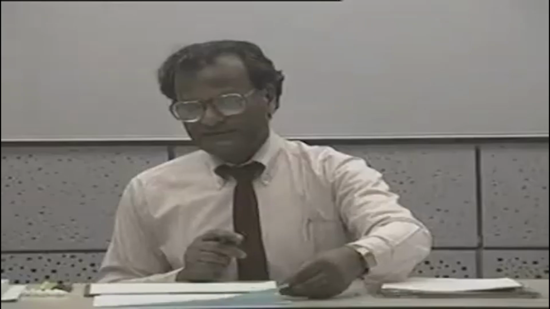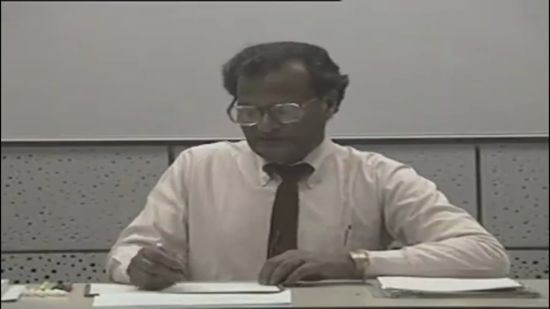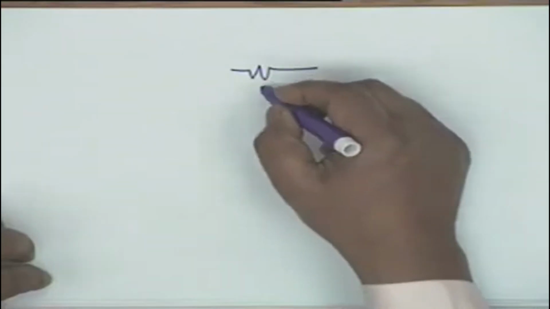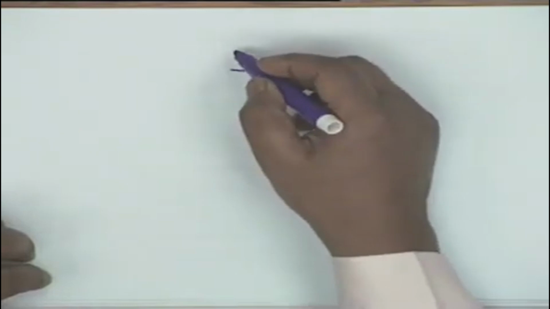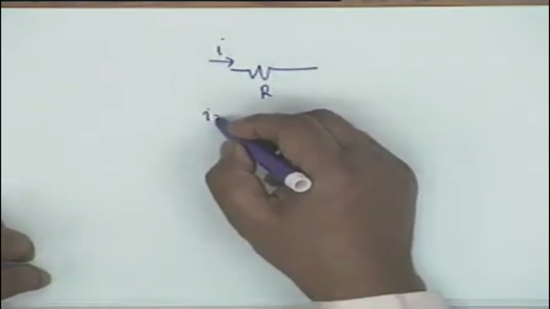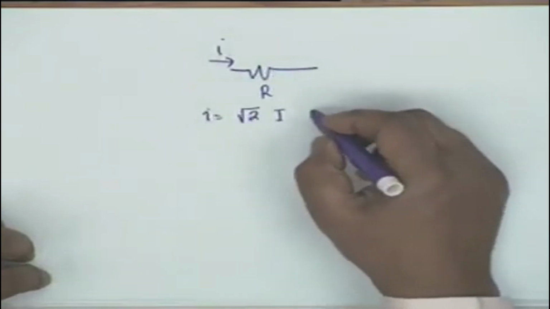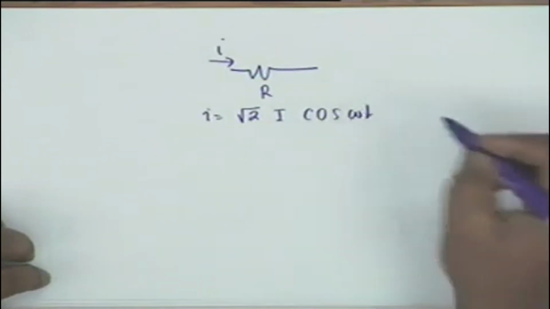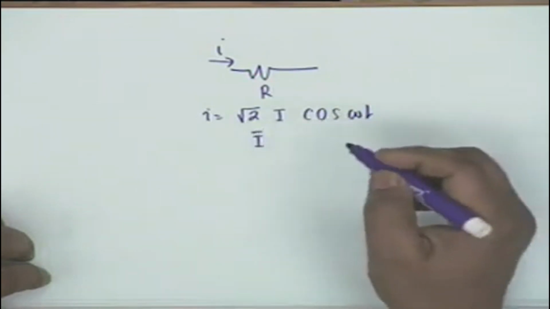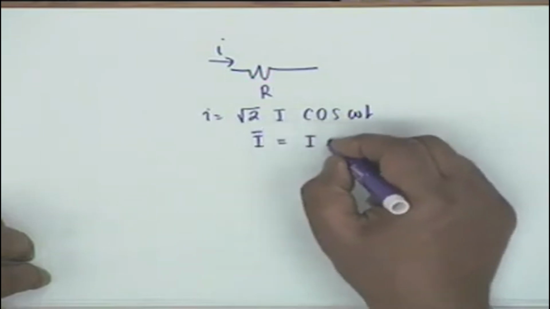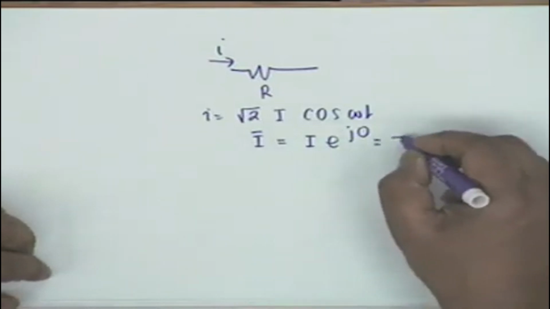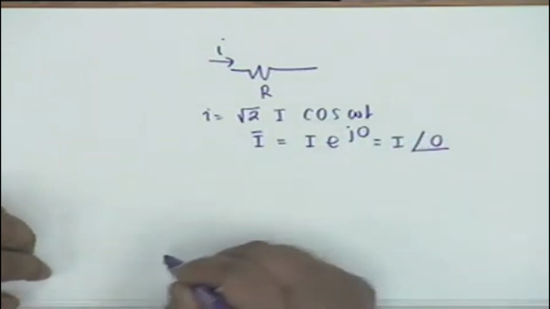Let's consider the three basic elements, namely a resistance, an inductance, and a capacitance. Suppose I excite a resistance by a current root 2 I cosine omega t. The corresponding phasor is I bar, equal to I e to the power j 0, which I also write as I angle 0.